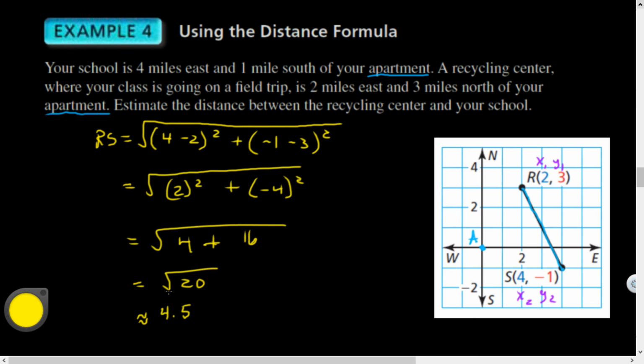And then you could raise your hand and tell the teacher, hey, teacher, I think the school is 4.5 miles from the recycling center. And then everyone's just like, what? No way. That's amazing. And everyone would be so impressed. People would be buying you lunch. Man, you'll be picked for all the teams.